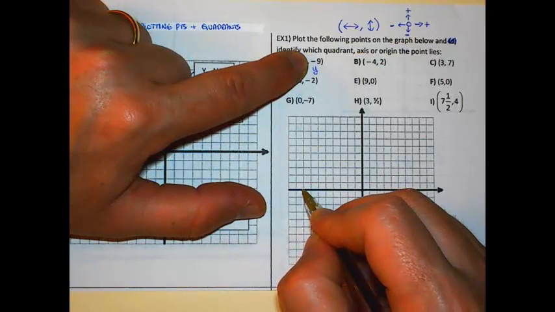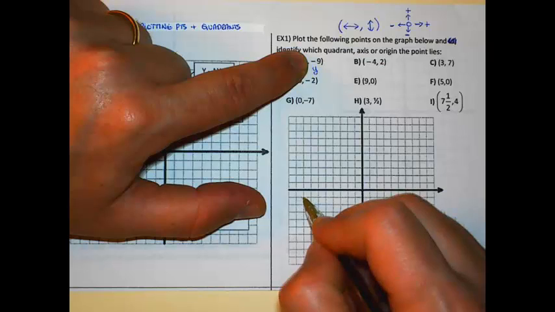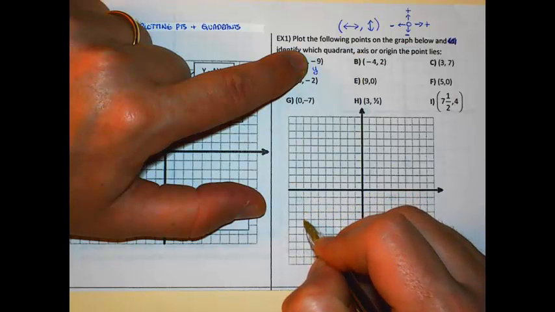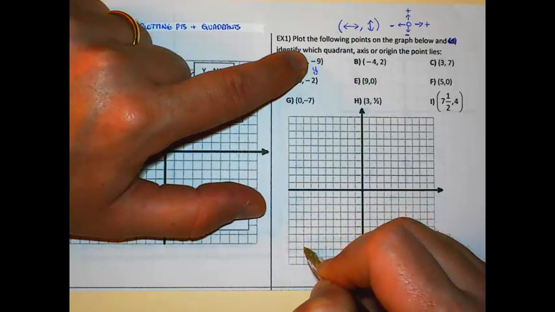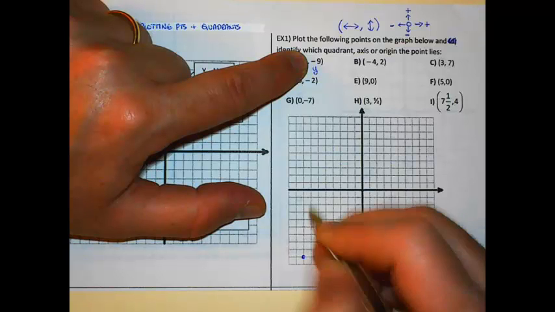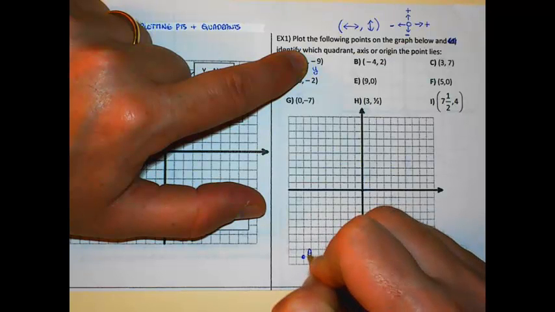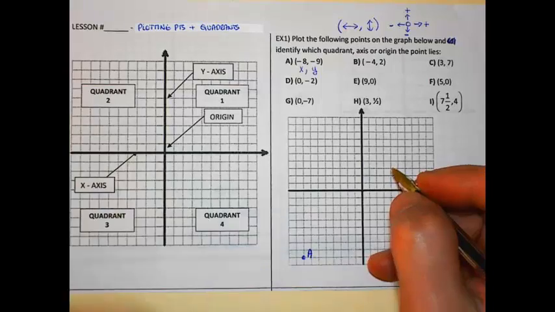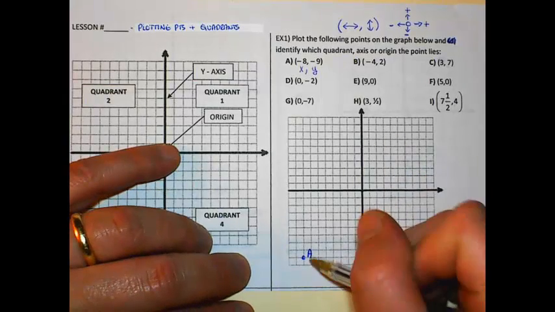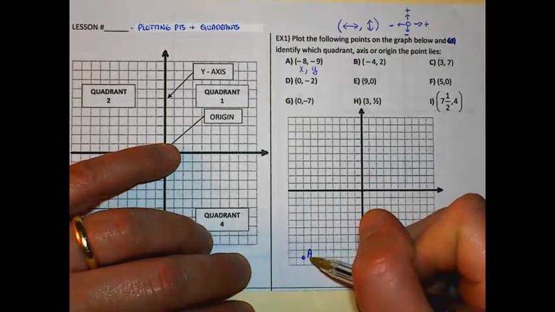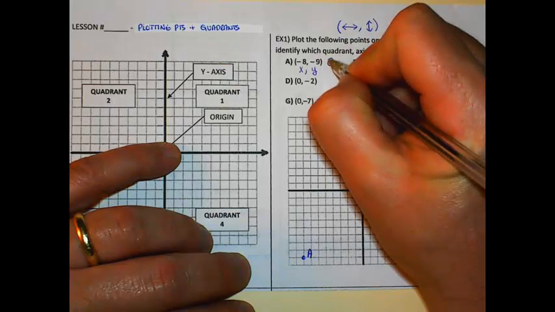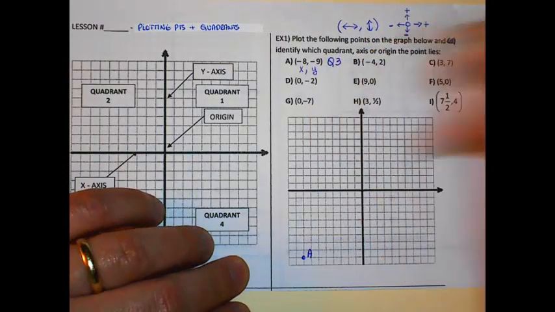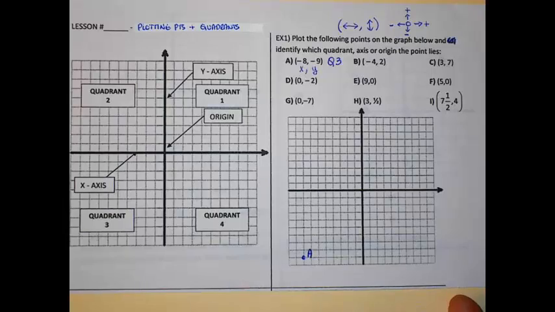And then the second coordinate is -9, so I'll go down 9. 1, 2, 3, 4, 5, 6, 7, 8, 9. So that will be my point, letter A. Okay? And the problem asks us to identify what quadrant this point is. This point is in quadrant number 3. So I'll put Q3 there.